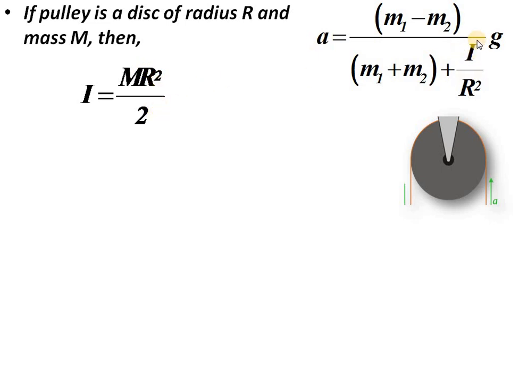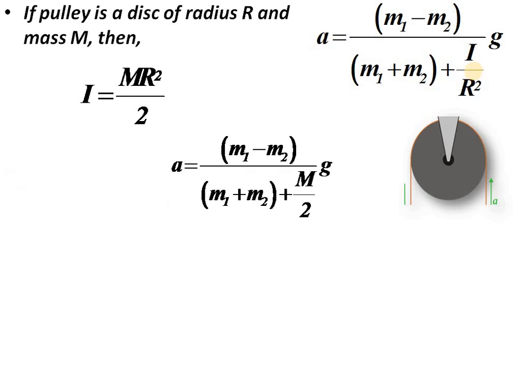So replace your moment of inertia here with m r square by 2. When you substitute, R square will be cancelled. Acceleration is equal to (m1 minus m2) by (m1 plus m2 plus m by 2) into g.